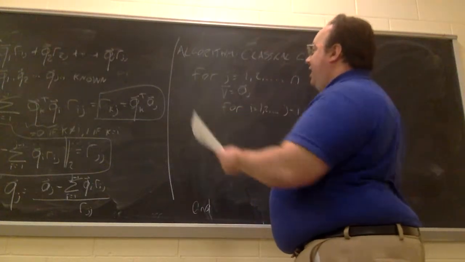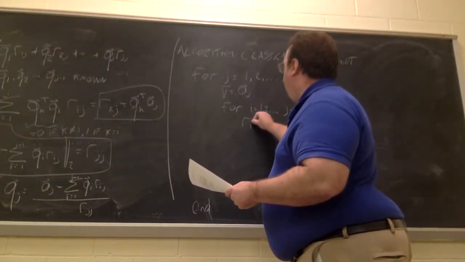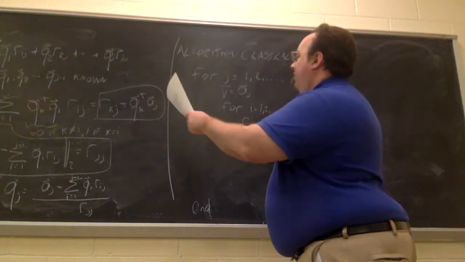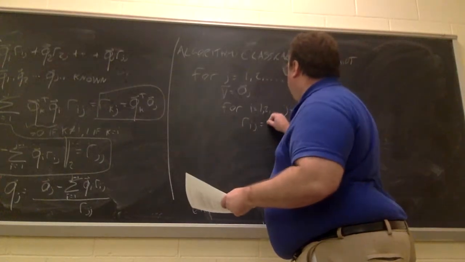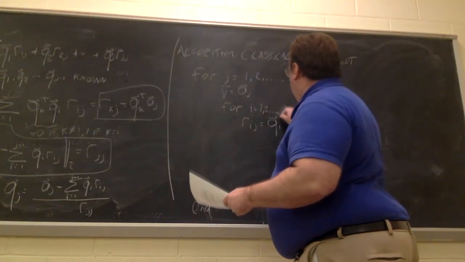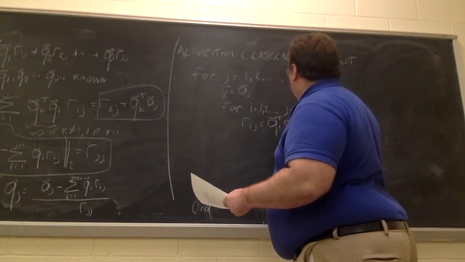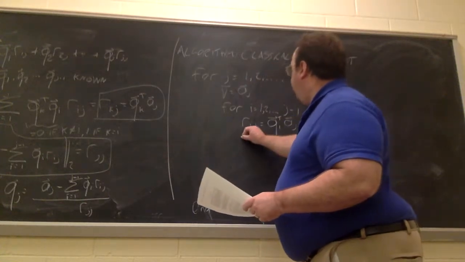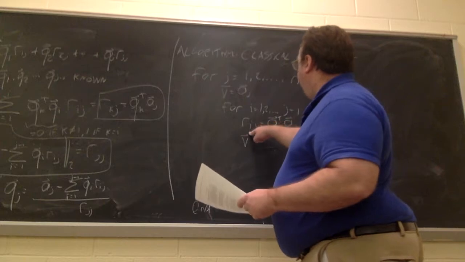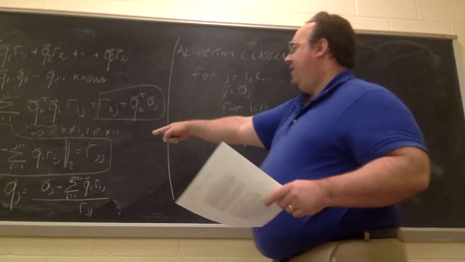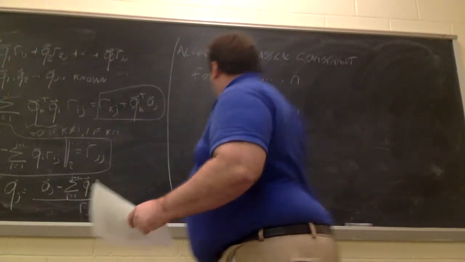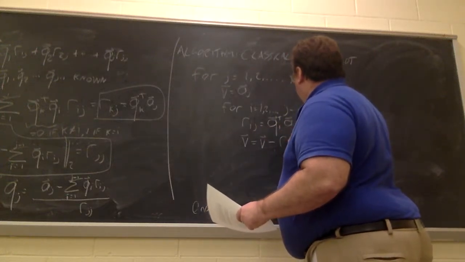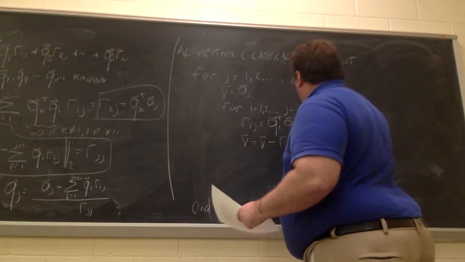And I'll compute my entries of R, Rij. Instead of k there, I'll have i here. So Rij is Qi transpose Aj. And then I update v. Now that I have this term, I'm going to subtract it off. So v equals itself minus Rij Qi.